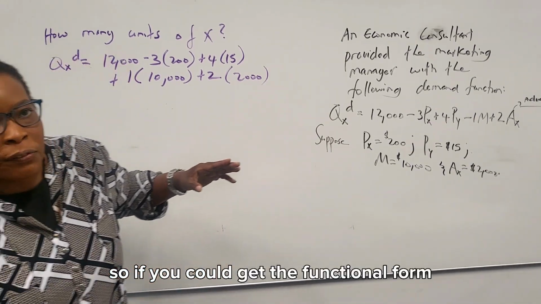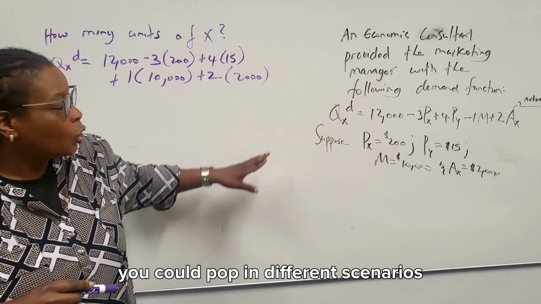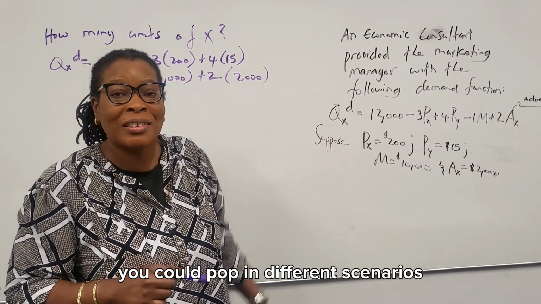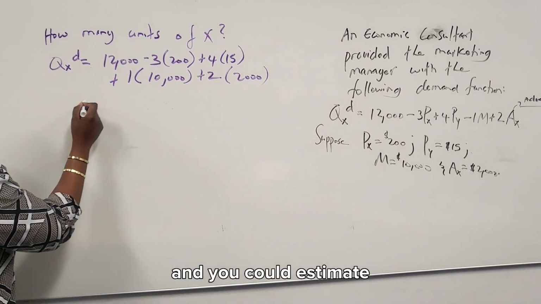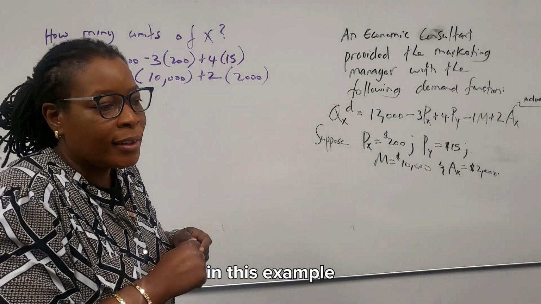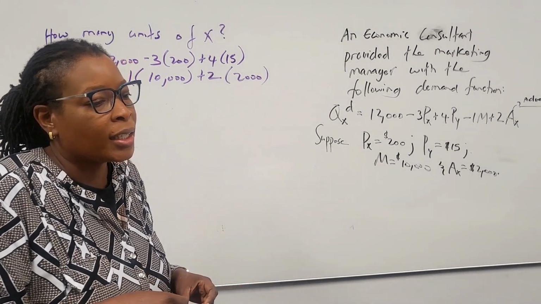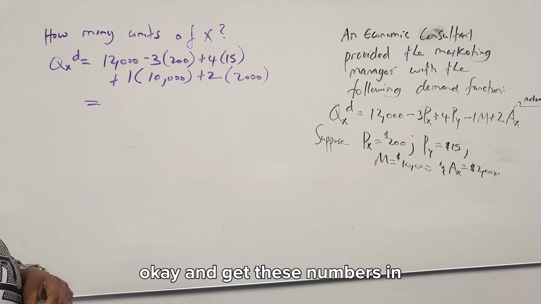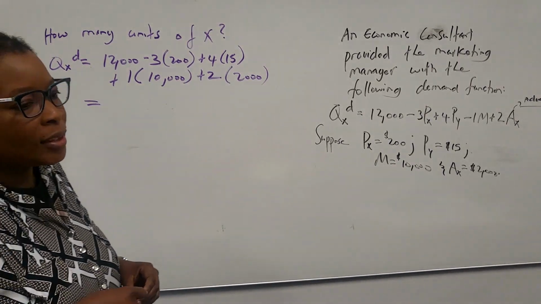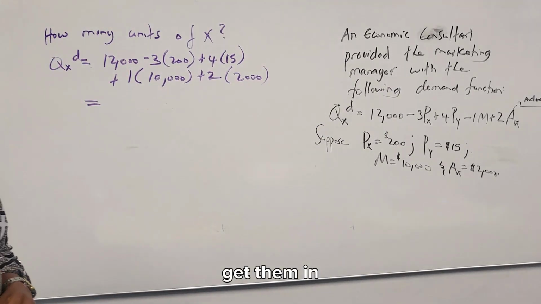So if you could get the functional form of your demand function, you could pop in different scenarios and you could estimate how much of the good will be demanded. So in this example, I'm giving you some time to pump this in your calculator, okay? And get these numbers in.